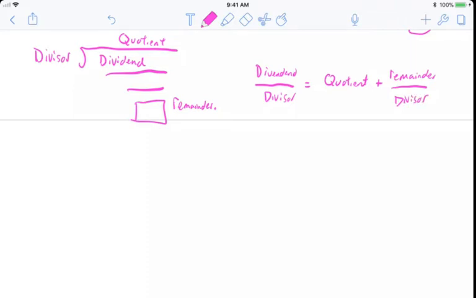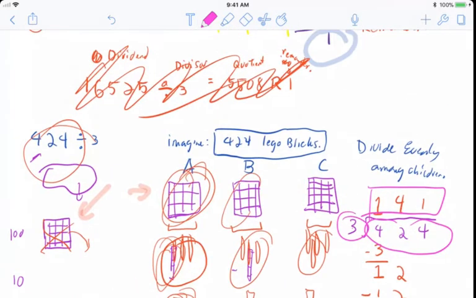Or alternatively put, dividend divided by divisor is equal to the quotient remainder remainder. So we can write their division relationship in 2 different ways. There's also a multiplication relationship between the 2. The multiplication relationship between the 2 is actually kind of obvious.